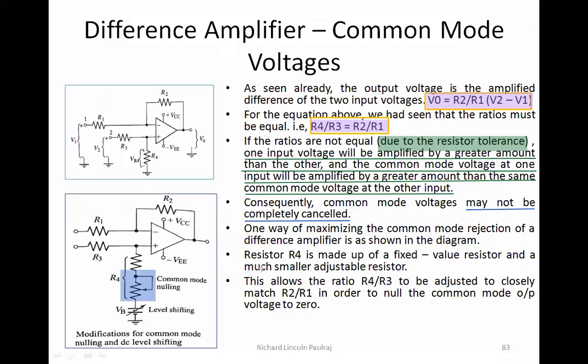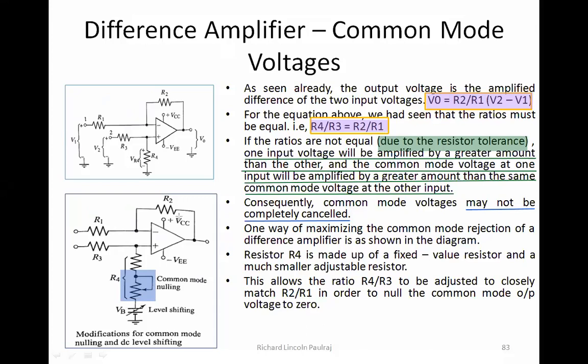This is nothing but the common mode nulling and level shifting. We have something called VB, the bias voltage. Using this bias voltage, I will be able to alter how much resistance my R4 is going to offer. And once I know the ratio of R2 by R1, I will get some value.